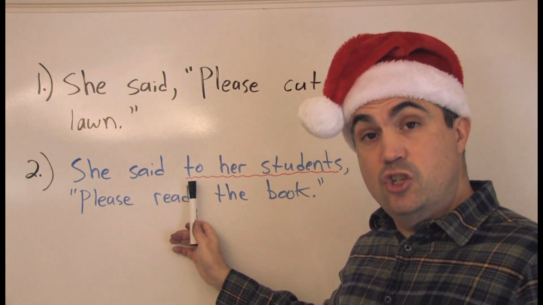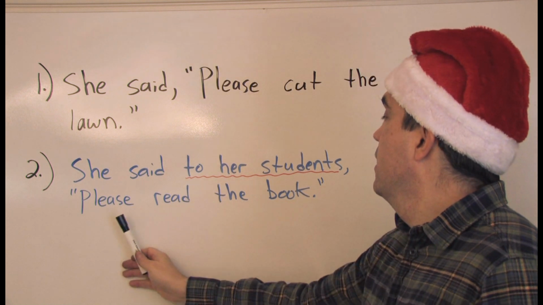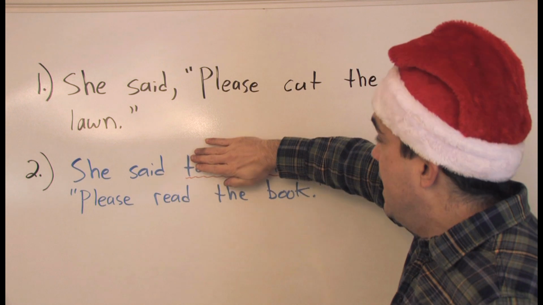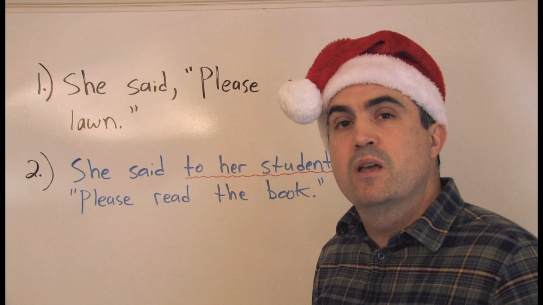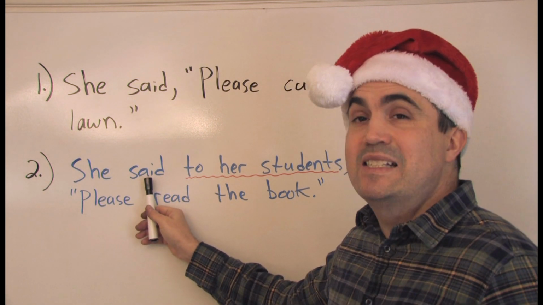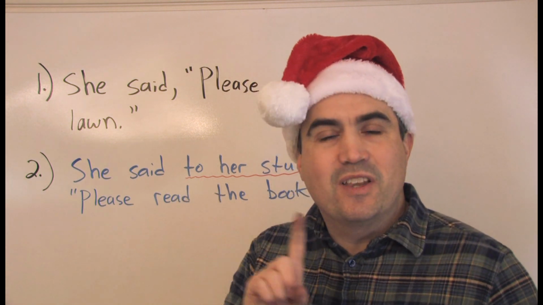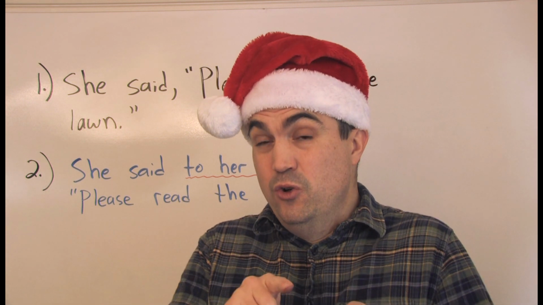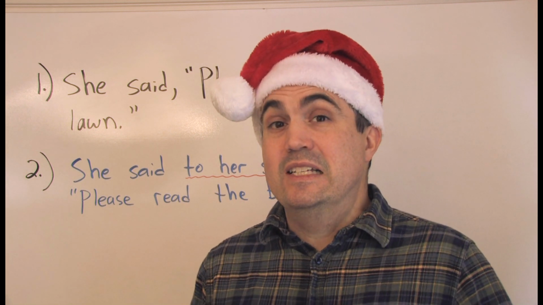She said to her students, "Please read the book." We could also say, she said, comma, "Please read the book." Right? But if we're adding who the audience is, we're using say to someone. And with tell, we do not do that. With tell, there is no to before the someone. Let's take a look at tell.